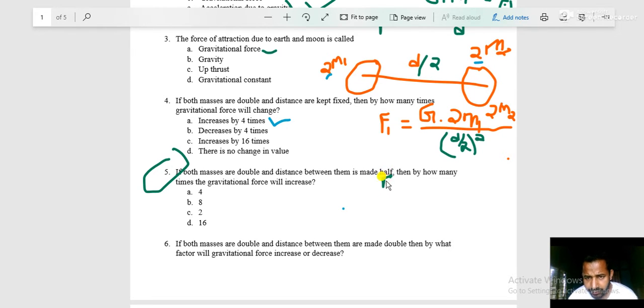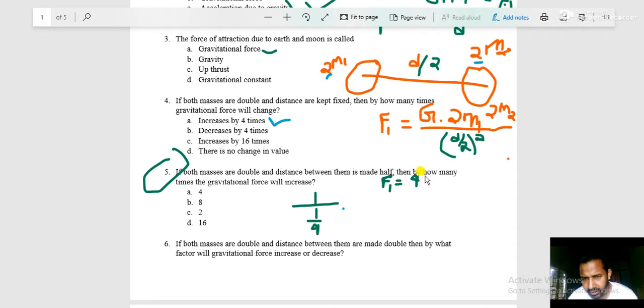It will be F1 as it is. And what you can write, this 2 to the 4 will come, and d by 2 whole square, this is something like 1 by, 2 square is 4, so it will also come up. So this 2 will also come up.